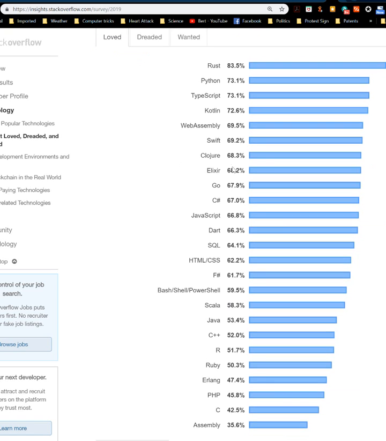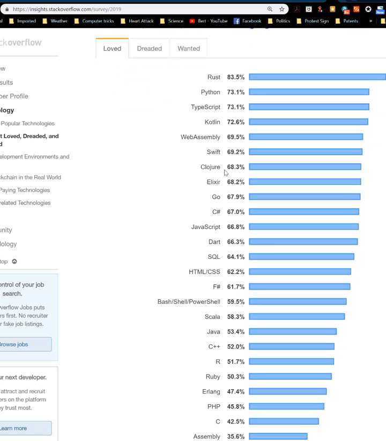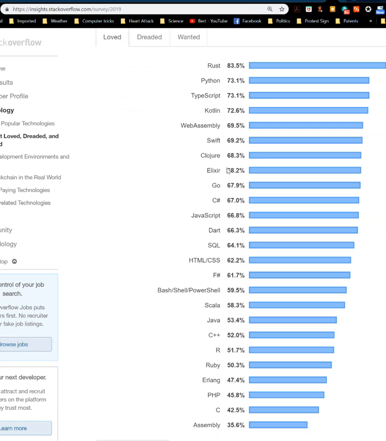Let's see. So these are the most loved programming languages. That is a gauge of popularity again, and this is important because if programmers like something, they're going to be more inclined to learn it.